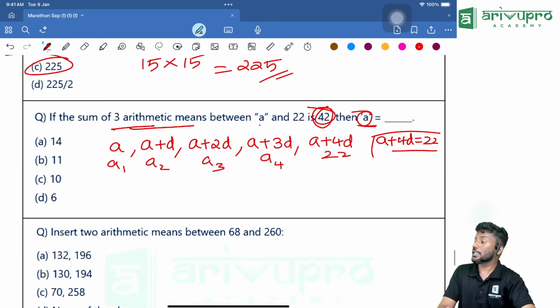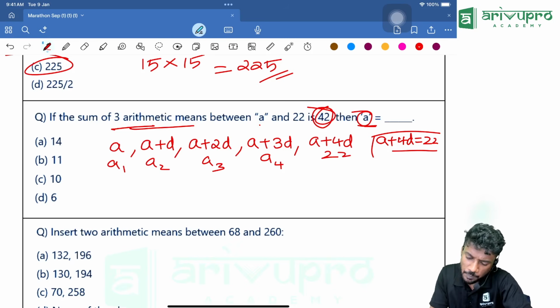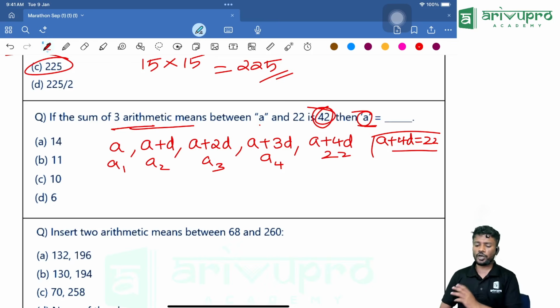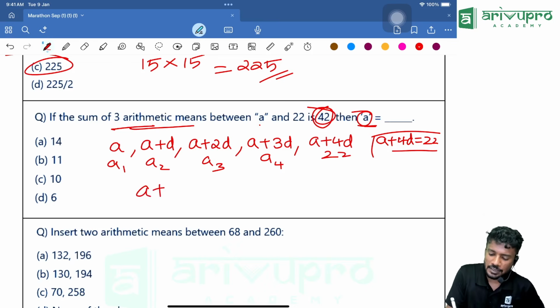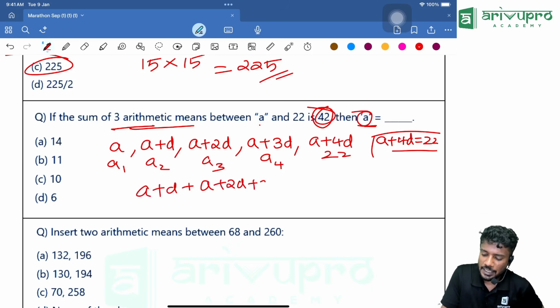The second, third, fourth terms, the whole sum of 3 arithmetic means between A and 22 is 42. What do you mean by that? A plus D plus A plus 2D plus A plus 3D is equal to how much?